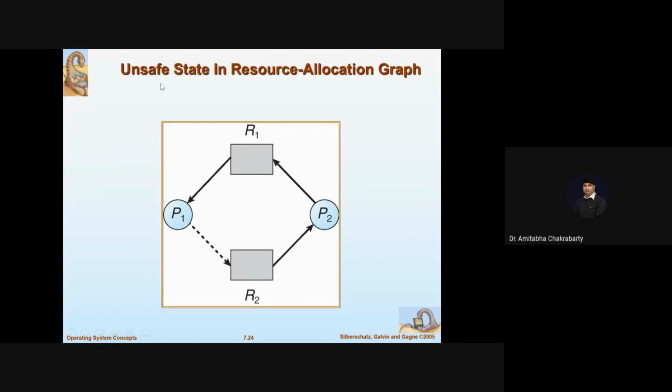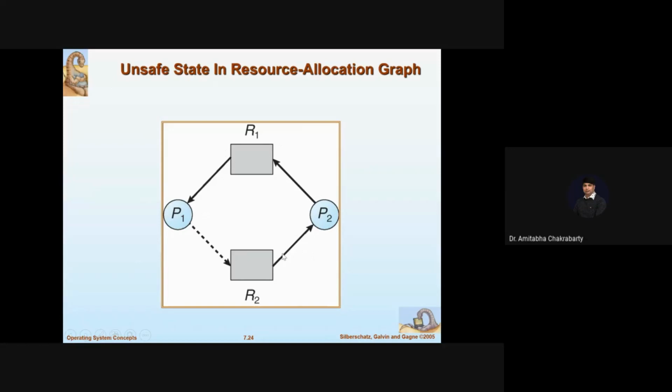So, unsafe state in the resource allocation graph. Let's say we have a scenario like this, where R1 is assigned to P1, P2 is requesting a resource from R1, and R2 is assigned to P2. It's all good. But if P1 requests resource R2, but R2 is already assigned to P2, there could be a deadlock.